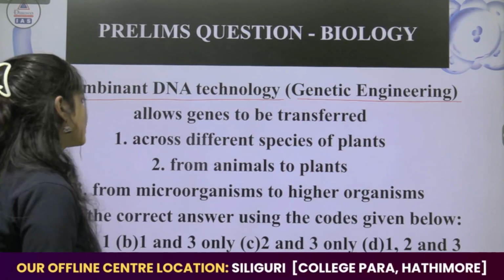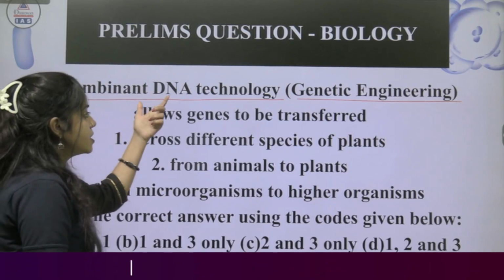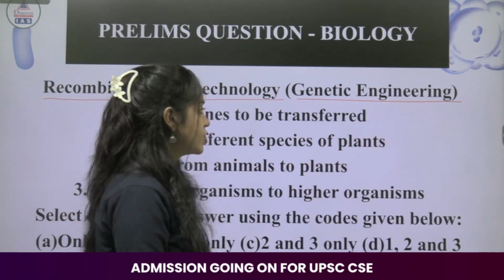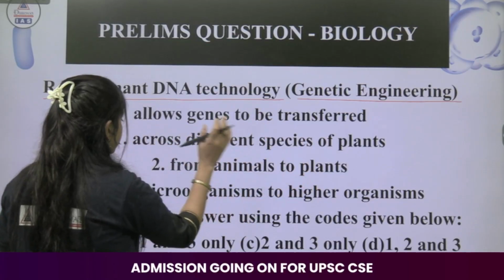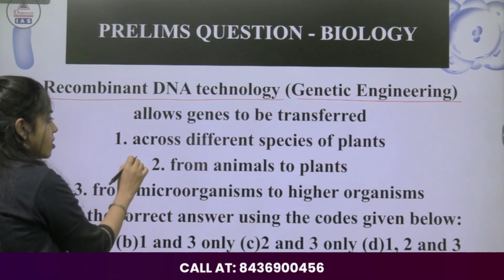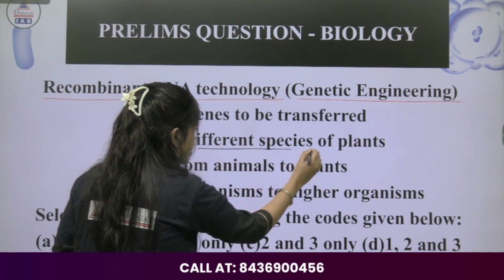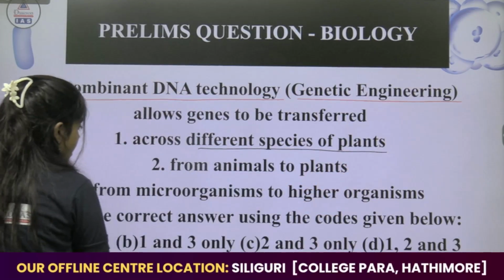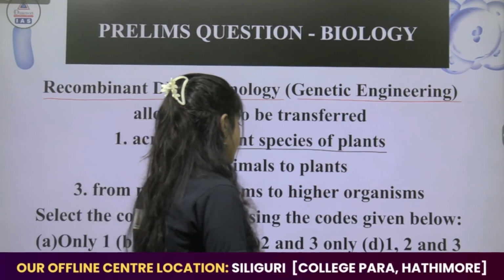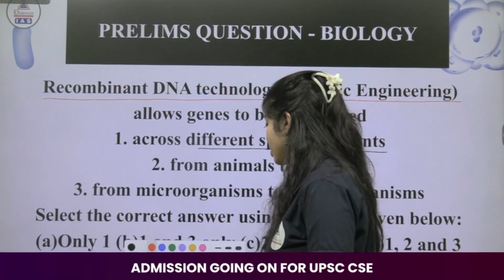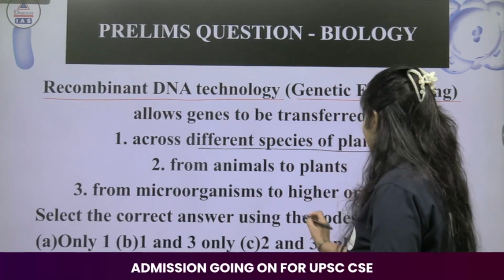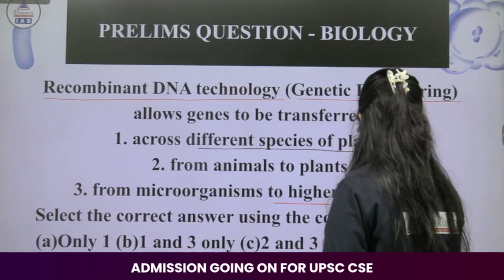So the question is: recombinant DNA technology from the genetic engineering segment allows genes to be transferred. Statement 1, across different species of plants; then from animals to plants; and then from microorganisms to higher organisms.